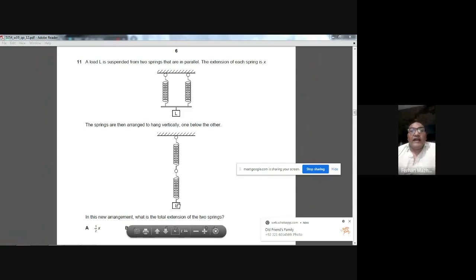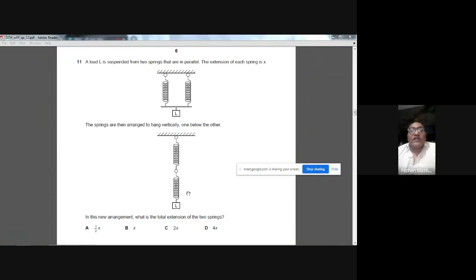Now when you hang the load L, this whole load is acting on this spring, and it is also acting on this spring. Here this spring was experiencing only L by 2 load, but here it is experiencing the full L load. So here the extension X was produced, but here because the load has doubled, this spring's extension will be 2X.